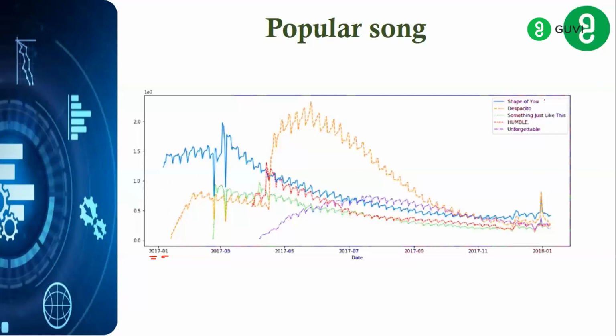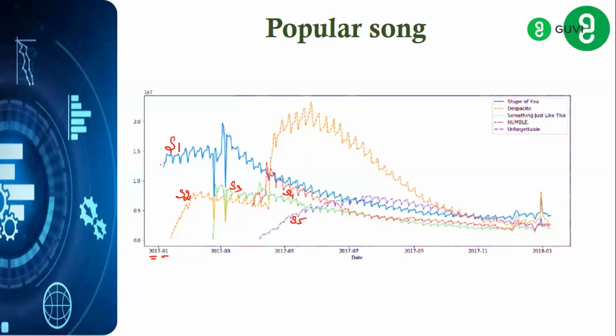This blue line represents song one, the orange line is for song two, the green line is for song three, the red line is song four, and the purple, violet line is song five.